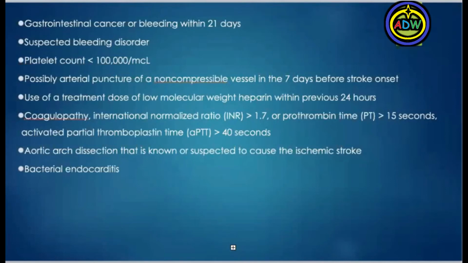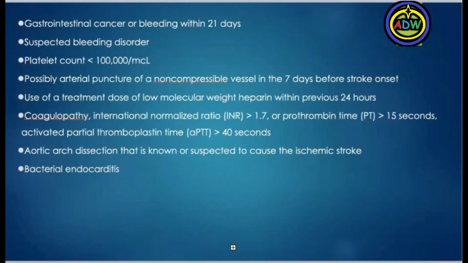And this mass effect usually shifts midline structures to the opposite side, and leads to increased intracranial pressure. The brain is compressed, and it is dangerous because of brain herniation, which can lead to sudden death.